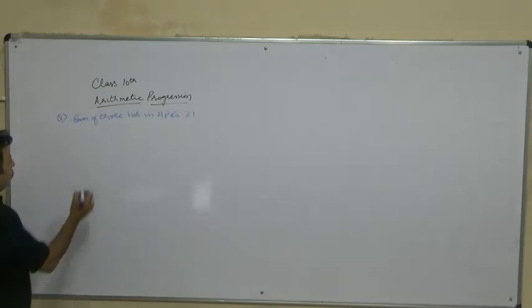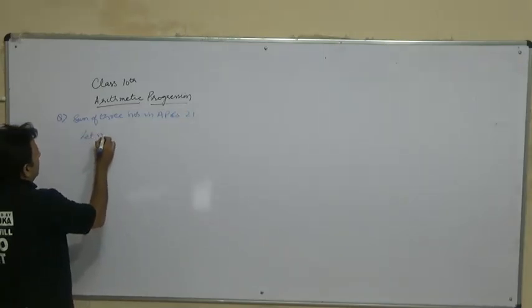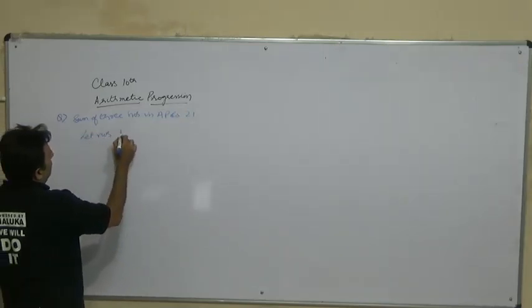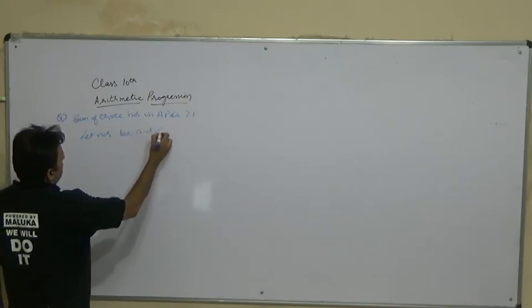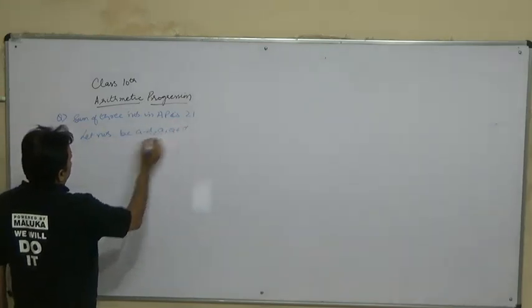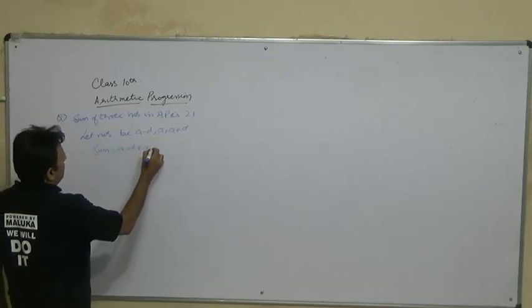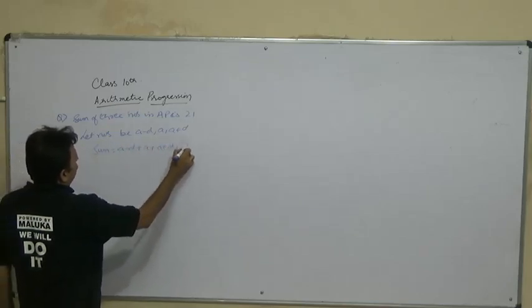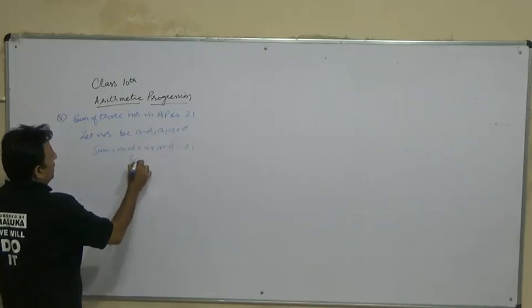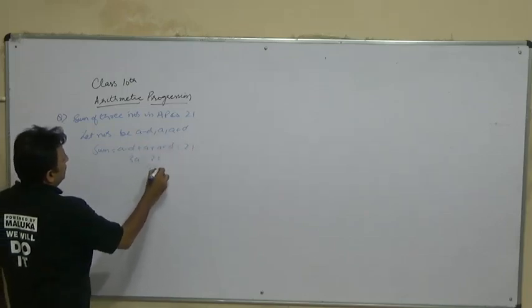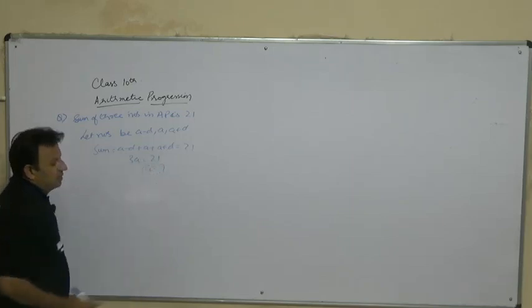So we assume, let the numbers be a minus d, a, a plus d, and the sum will be equal to a minus d plus a plus d is equal to 21. This cancels out, 3a is equal to 21, a is equal to 7.